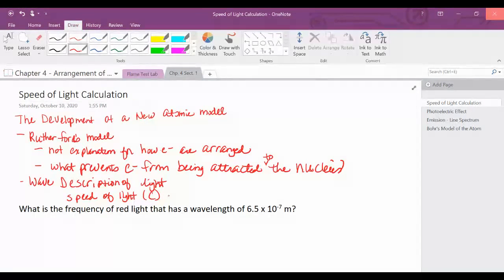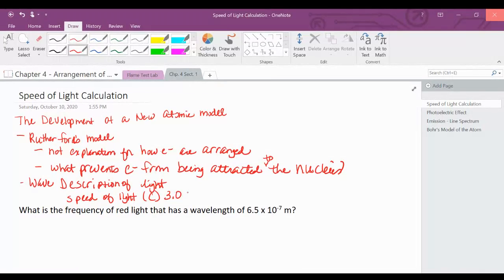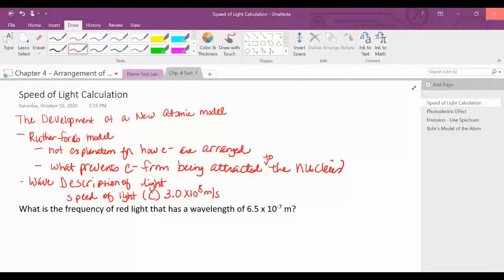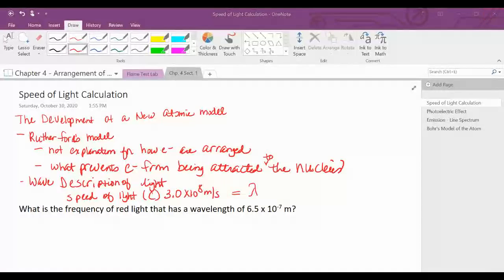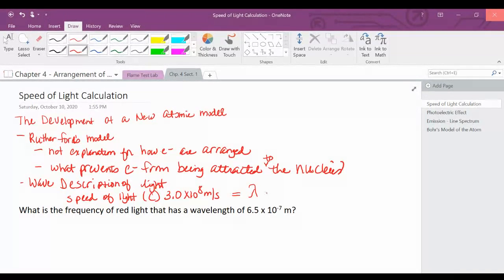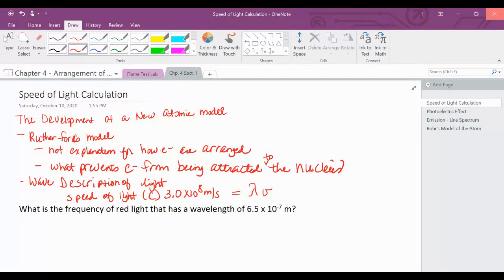It's a constant value, which means it's always the same. It has a value of 3.0 times 10 to the 8th meters per second. So you'll be responsible for memorizing the value for the speed of light. And if I multiply the wavelength, which has the Greek letter lambda, times the frequency, this will be equal to that constant c.